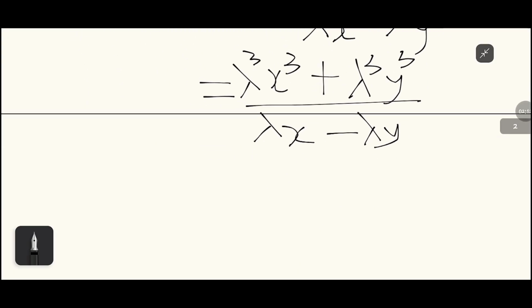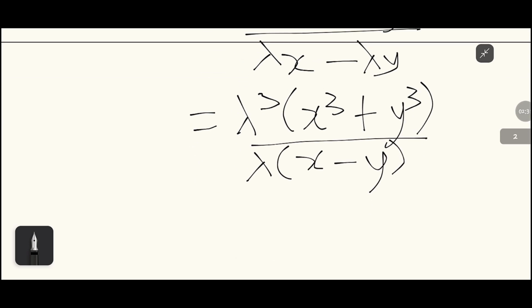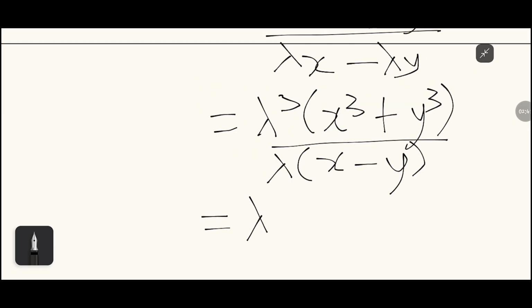Now let's try factoring out lambda from the numerator and the denominator. We'll have lambda cube into x cube plus y cube all over lambda into x minus y. We have lambda cube over lambda.